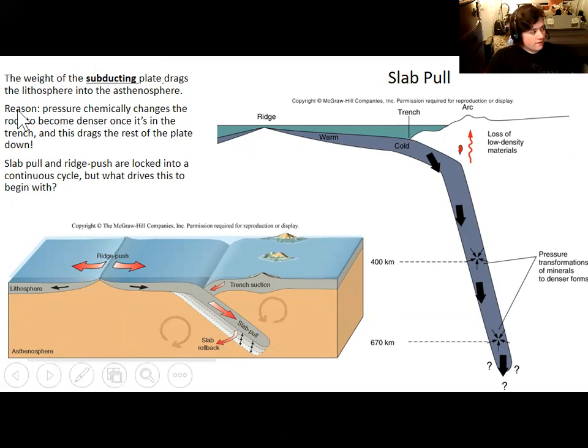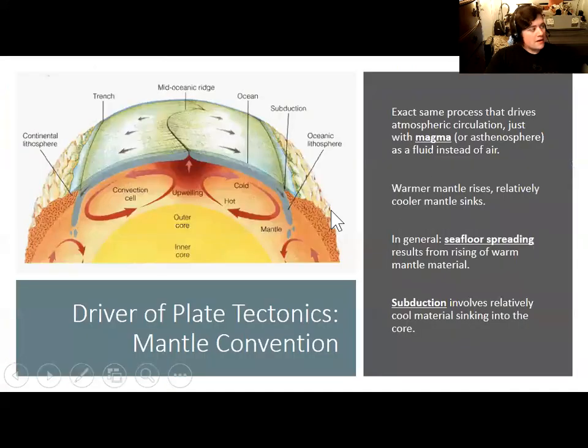And we've come up with a hypothesis that relates to convection within the mantle. And there are convection cells in the mantle just as you have convection in the atmosphere. And convection, remember, is a method of heat transfer in which heat is transferred through the medium.